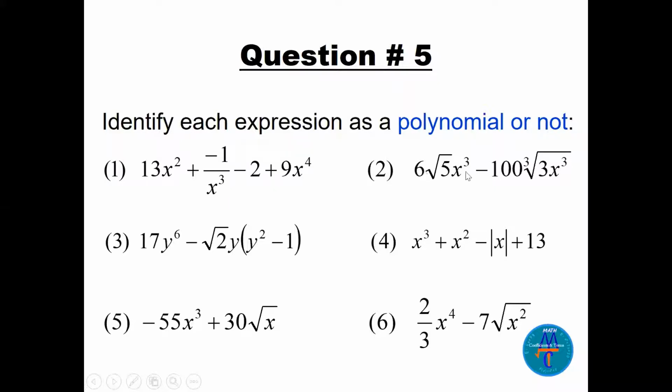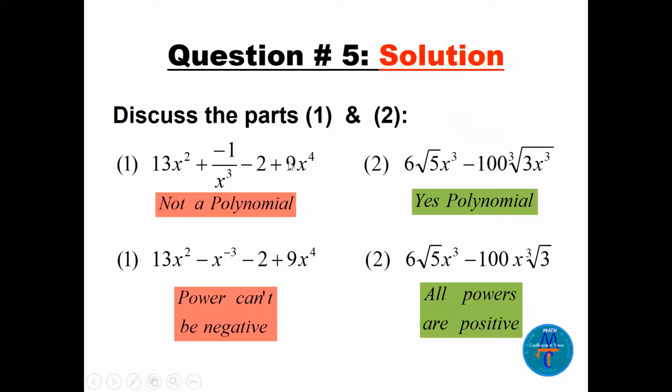Here, polynomial, positive. We look at the powers here. We don't care about the numbers. These numbers can be real: fractions, radicals, negative. And this one, cube root of 3, we leave it. Cube root of x cubed is 1 times x power 1. So the first one is not a polynomial, that's number 1. Number 2, yes, polynomial. Why?